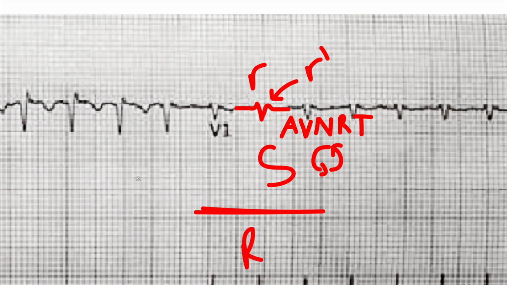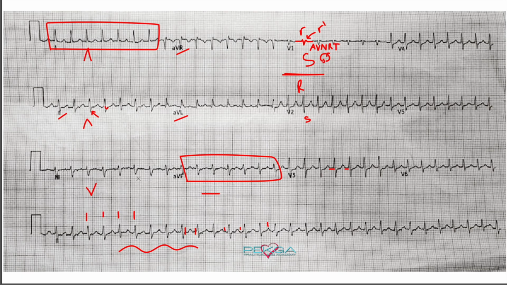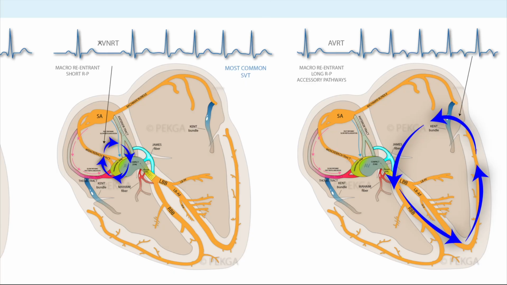Now, I did mention AVRT, or at least I think I did in my mind. The reason I say that is with AVNRT, you will have a narrow complex, and you will have this pseudo S wave or pseudo R wave, depending on which lead you're looking at. So see that little blip right here? See how it's different from here? Of course, this is a computer generated image.